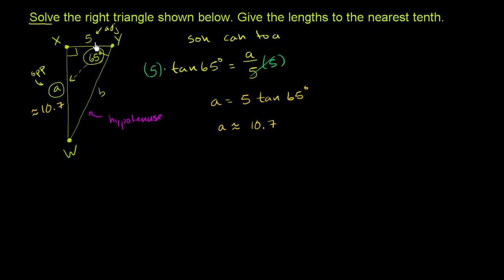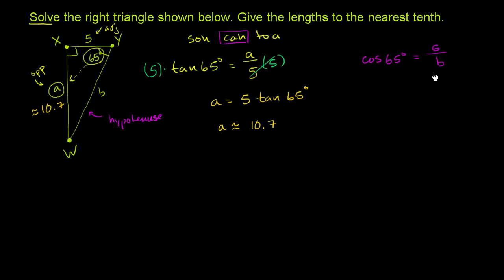So what trigonometric ratio deals with adjacent and hypotenuse? Well, we see from SOHCAHTOA, cosine deals with adjacent over hypotenuse. So we could say that the cosine of 65 degrees is equal to the length of the adjacent side, which is 5, over the length of the hypotenuse, which has length B. And then we can try to solve for B.